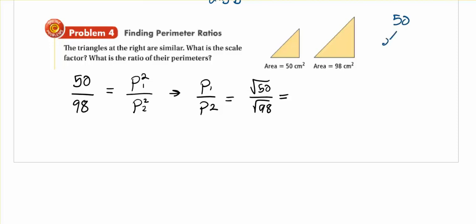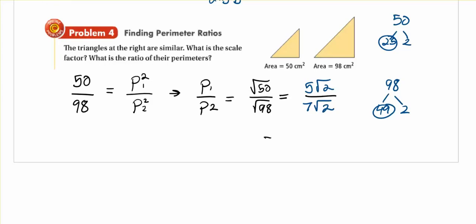I know 50 is 25 times 2, so there's a perfect square there. So I can factor out a 5 and leave a rad 2. And then 98 is a little bit trickier, but we can think about it. That one is 49 times 2, so there's a perfect square there, so I can factor out that 7. The rad 2s cancel, and so in the end, the scale factor is just 5 to 7, which is the same as the ratio of their perimeters.